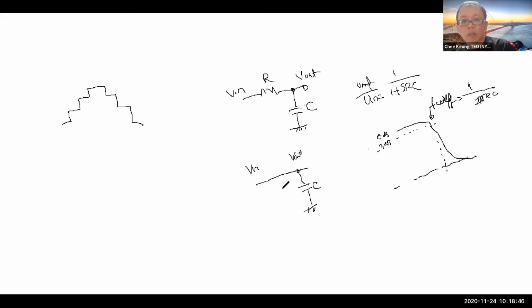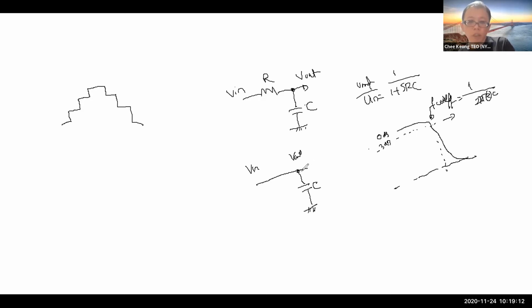Therefore, this is also acting as a low pass filter, but because the R is not there, your frequency will change, right? Originally your R is bigger, so therefore your cutoff frequency is lower. If you make this a lesser value, then your F naught will change to a higher level. So I'm looking at a higher level F naught.